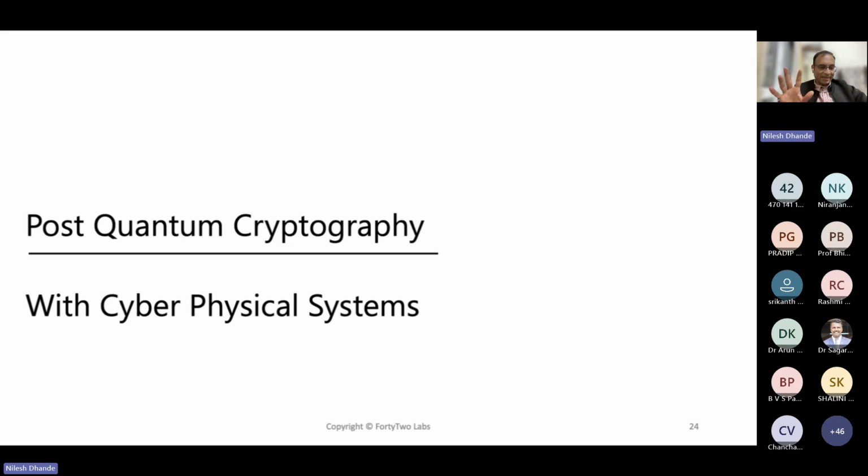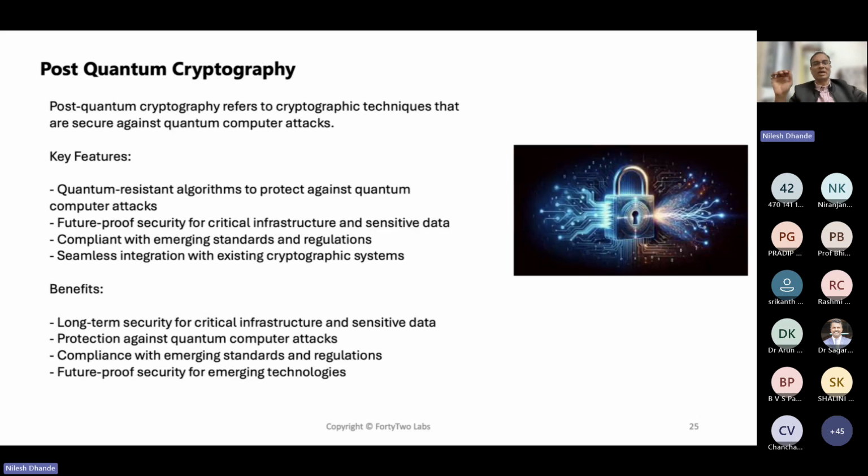We are still there as far as post-quantum cryptography is concerned. Post-quantum cryptography is the field where you employ cryptographic techniques that are secure against quantum computing attacks as well. Now, there are 6 areas.